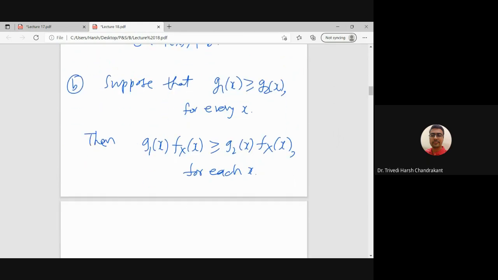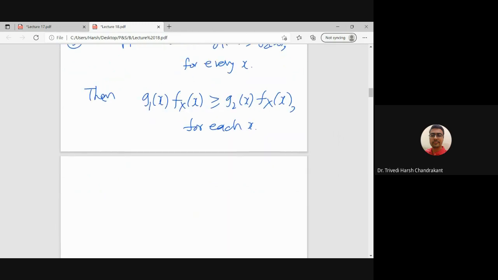We are multiplying pointwise, and now we integrate from minus infinity to infinity. So the integral of g1(x) fx(x) is greater than or equal to the integral of g2(x) fx(x).